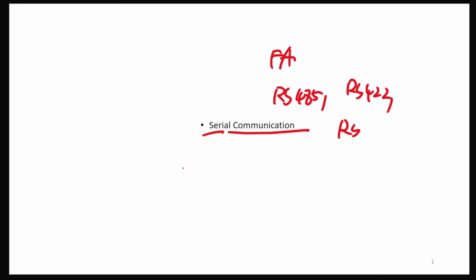The topic of this lesson is serial communication. Serial communication is widely used in the field of factory automation. Representative examples include RS-485, RS-422, RS-232C, MESEC, and CC-Link.